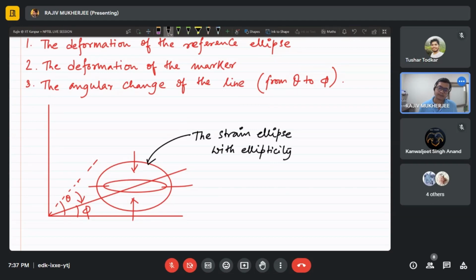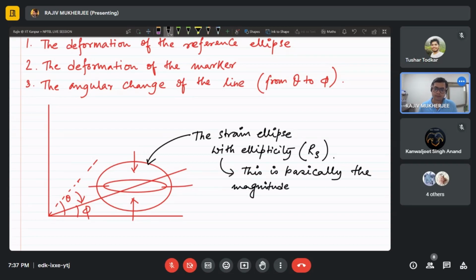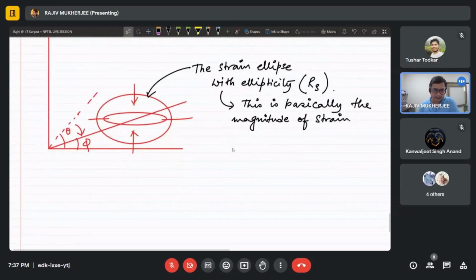So Rs is basically the magnitude of strain, right? And the final ellipticity of the marker is Rf, right?